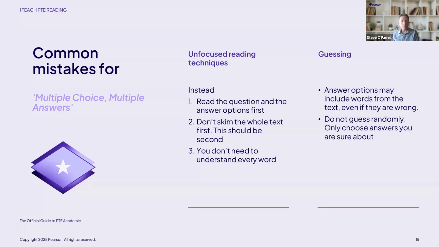So be very careful. Make sure that the test takers are sure about their answer. They should not guess in this question. Multiple choice, multiple answer is not a guessing game, right? If they're not sure about it, leave it blank. At least they can't lose marks that way.